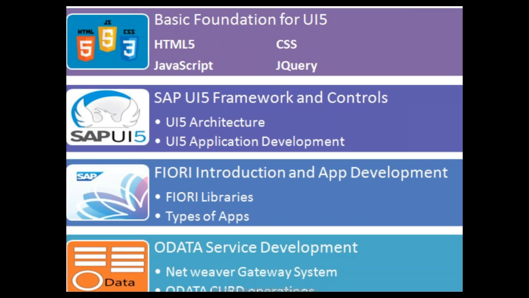Moving into the second phase of the course, we will discuss SAP UI5 frameworks and controls, where we will talk in detail about the architecture of SAP UI5 applications. It follows the MVC design pattern, which some of you might have already worked with in WebIDE Pro and BSP technology. The same design pattern is also followed here. We will discuss creating different varieties of views: XML views, JavaScript views, JSON views, and HTML views.